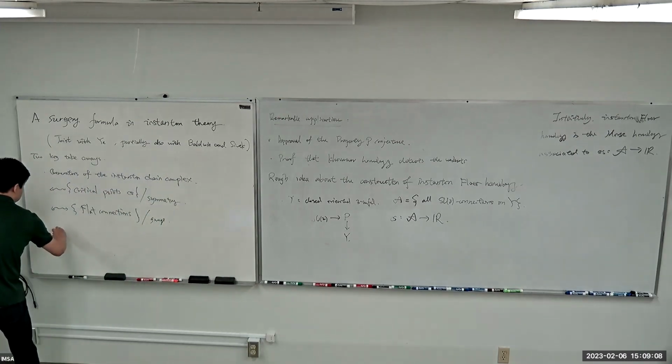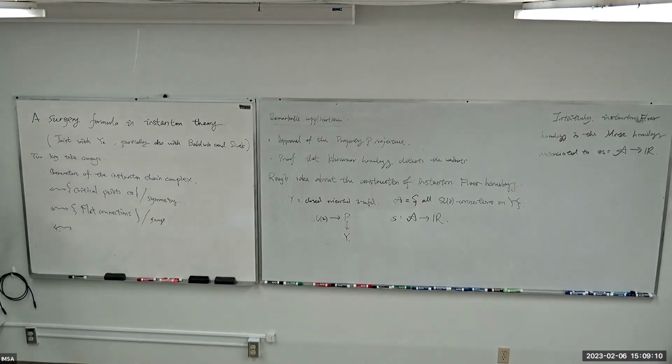It is also known that if we have a flat connection, we can look at the holonomy associated to the connection. Because it's flat, this holonomy only depends on the homotopy class of the path.